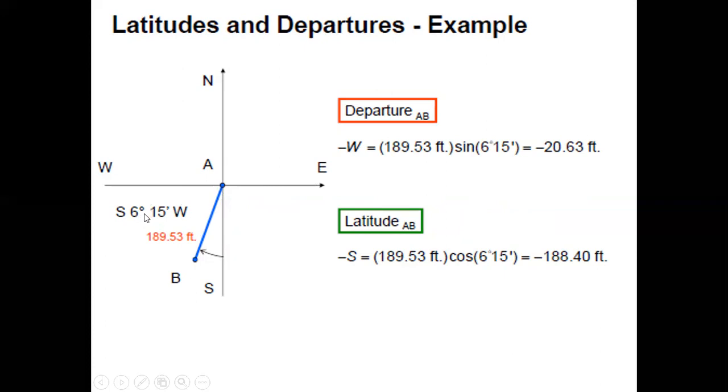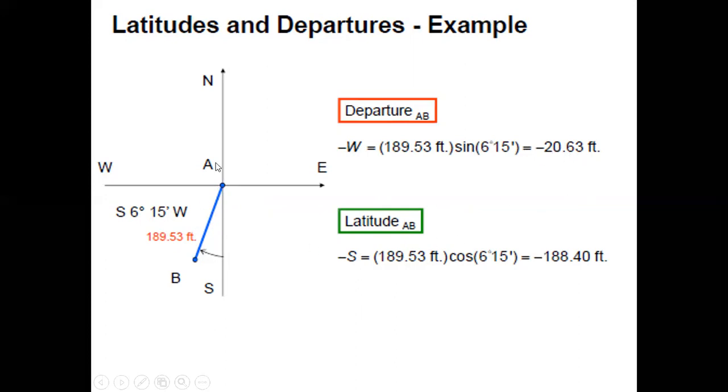Sine of the given angle is equivalent to the departure of line segment AB over the given length. So the departure of AB is equivalent to the given length, 189.53, times the sine of the given angle. This will give us negative 20.63.